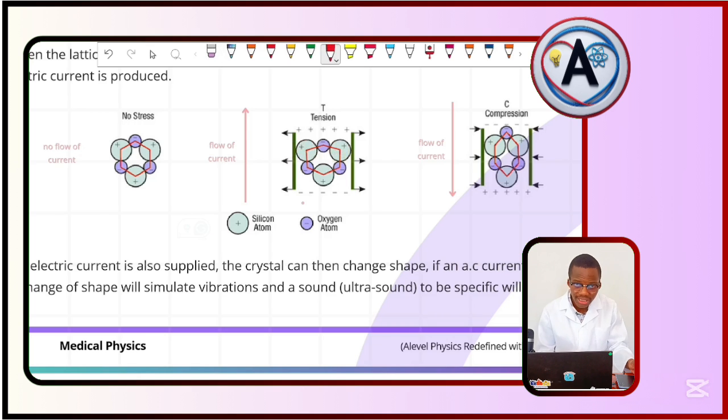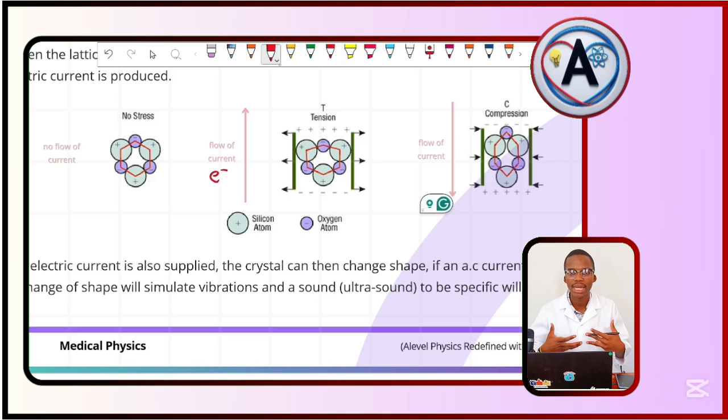That means effectively, wherever you have the maximum amount of positive ions that have been shifted, that's going to be your positive terminal. And wherever you have the greatest amount of negative atoms being pushed, that's going to be your negative terminal. So you've created an electric potential. This flow of current is actually flow of electrons, rather, right? That's what I mean by saying flow of current.